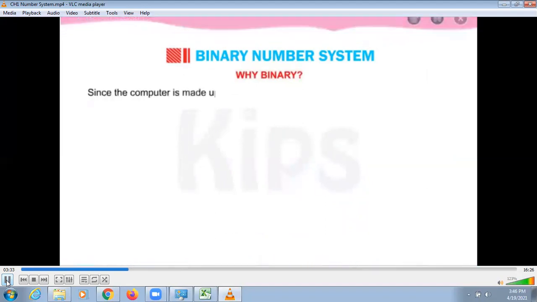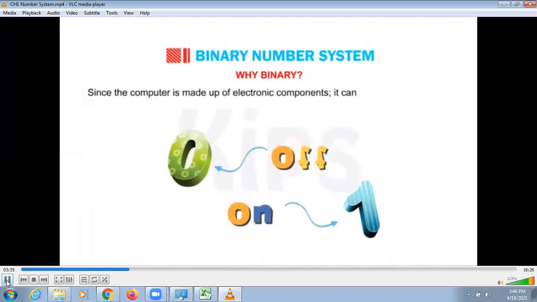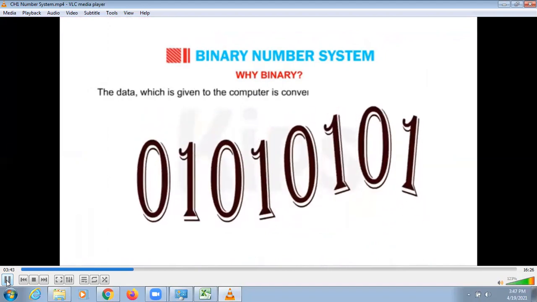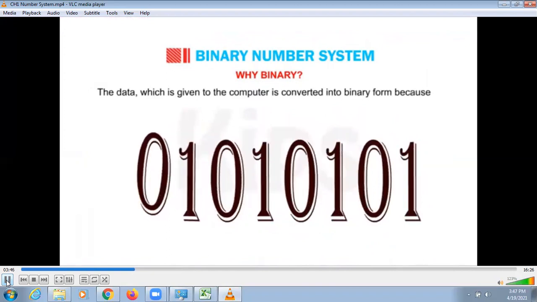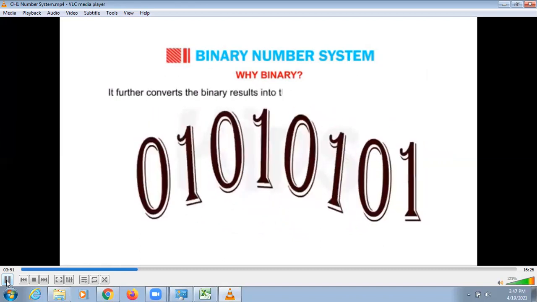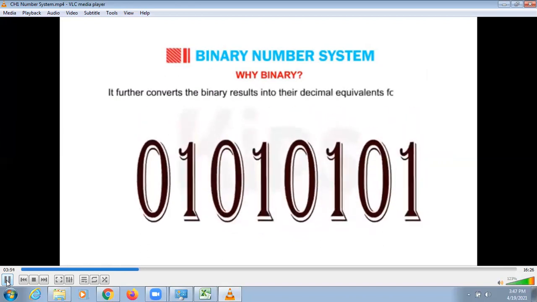Since the computer is made up of electronic components, it can have only two states, either on, 1, or off, 0. The data which is given to the computer is converted into binary form because a computer understands only binary language. It further converts the binary results into their decimal equivalents for output.